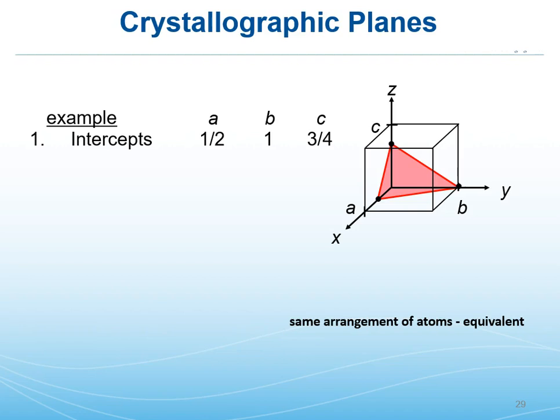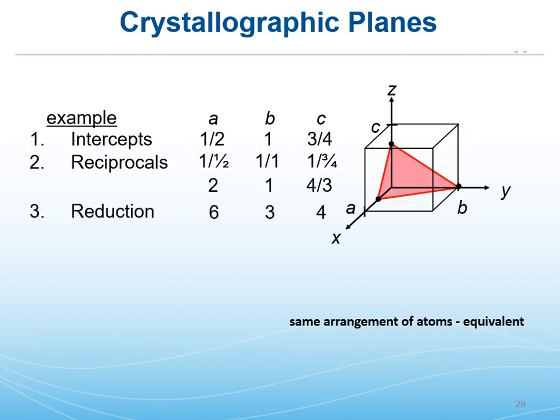So I would take the reciprocal, which would give me 2, 1, 4/3, and here we can do a reduction to get all integers. So we multiplied through to get the lowest integer value for that 4/3. So this is the 6, 3, 4 plane. We don't know what crystal system it is, other than apparently it's not cubic because A, B, and C are different. So this is the 6, 3, 4 plane.